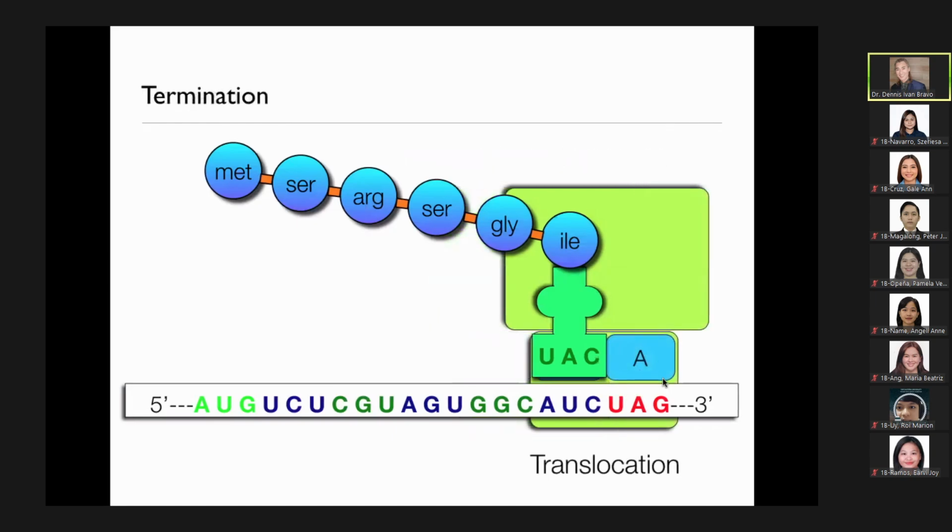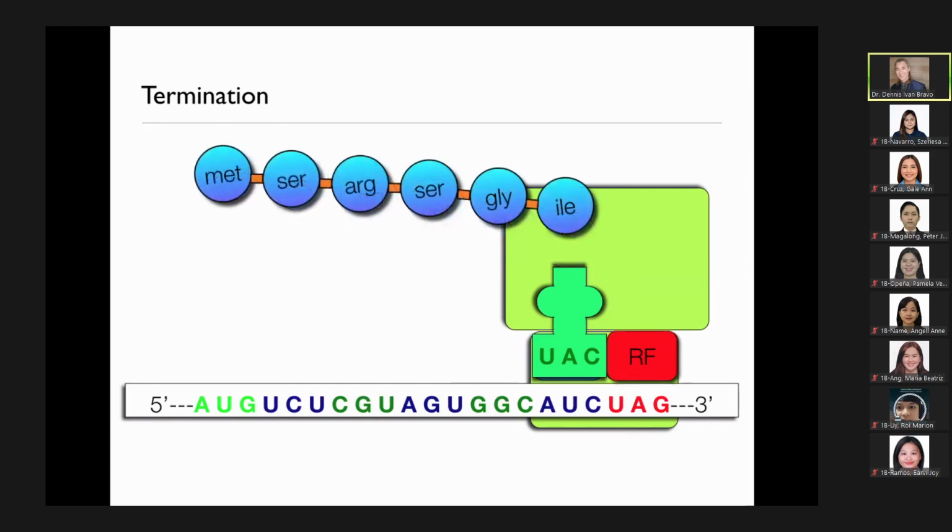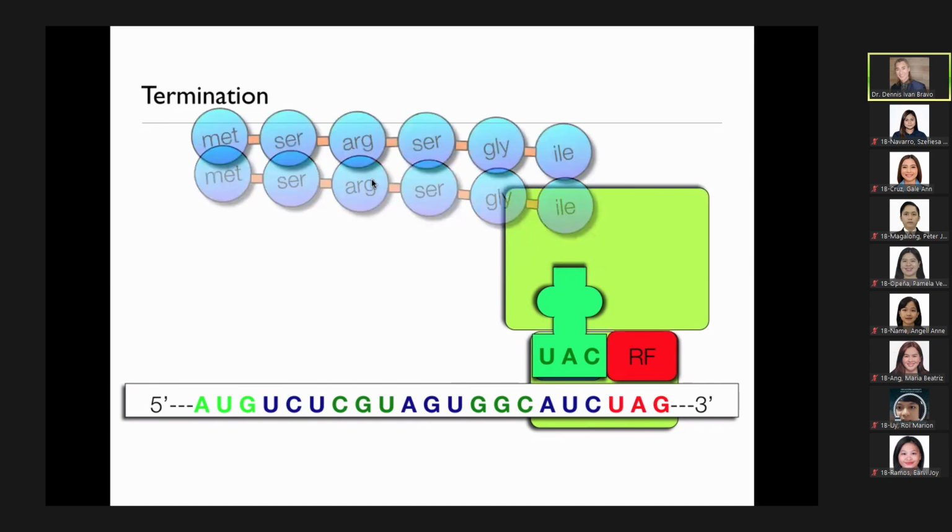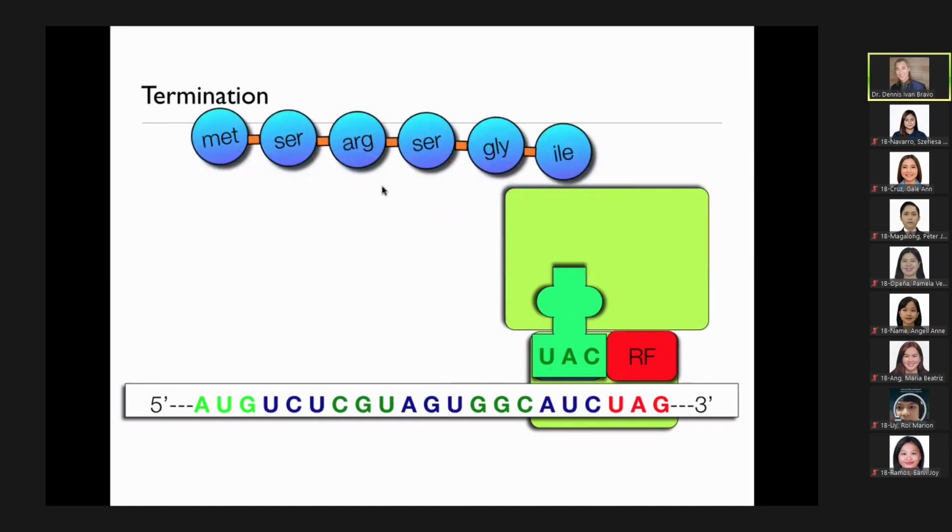When the A site is aligned with the stop codon, there is no tRNA for this or an amino acid, but rather a release factor binds to the A site. This causes the polypeptide to dissociate from the complex, ending translation. What happens now to the polypeptide? Well, it can undergo post-translational modification that are already beyond the scope of what we can discuss today, but you can read about it.